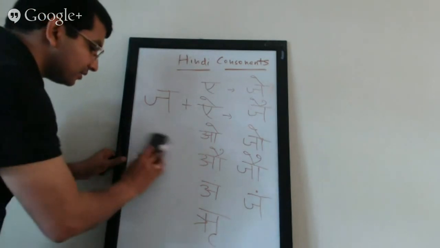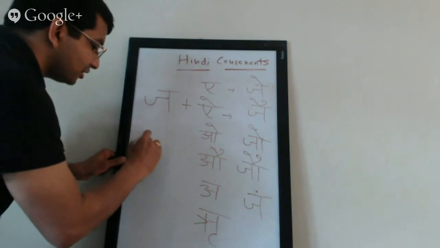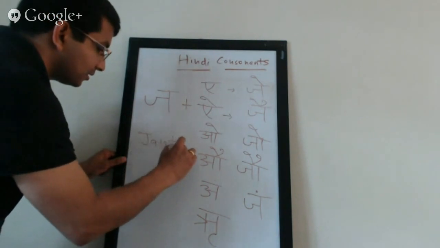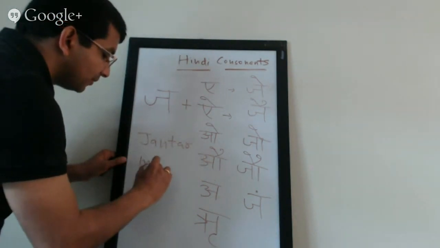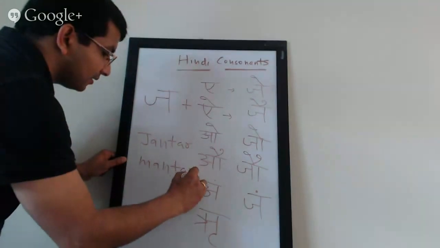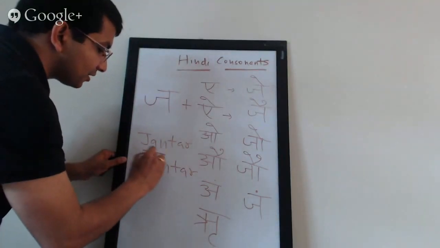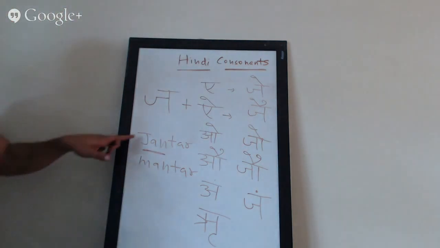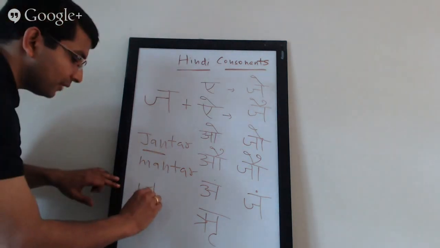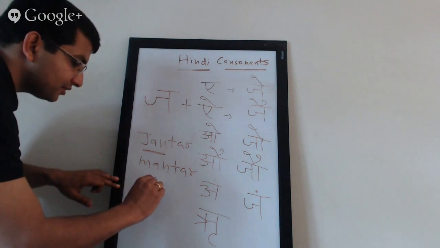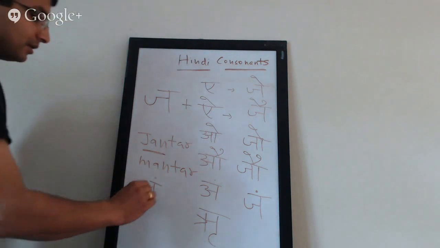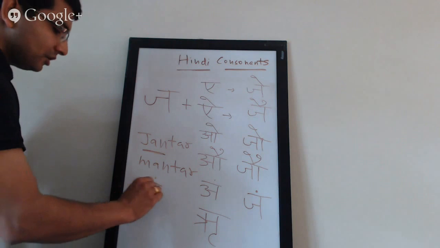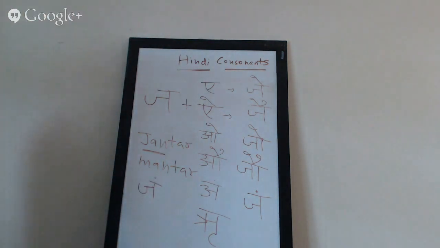So I'll write down how you would say that, Jantar Mantar. So when we say Jantar, Jan, there will be a nasalized J. So when you write Jantar, the nasalized J will be Jan. J with a dot on top of it would be a nasalized J, Jan. Right?